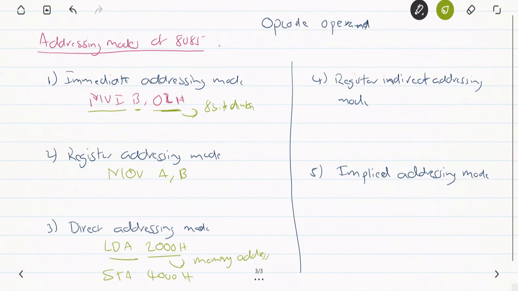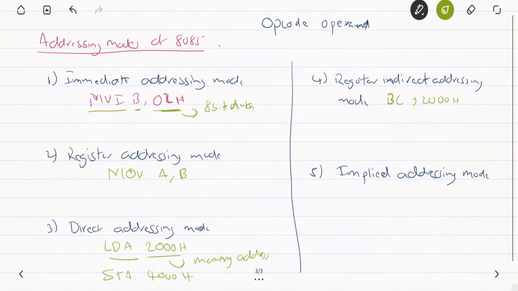Now moving on to register indirect addressing mode. Like the way we defined our memory address directly here, in case of register indirect addressing mode, we use register pairs to actually define our address in the instruction. For example, if we want to use 2000H, what we do is we use one of the pairs BC, DE or HL to save the address first. So let's say we have used the BC register to save 2000H.